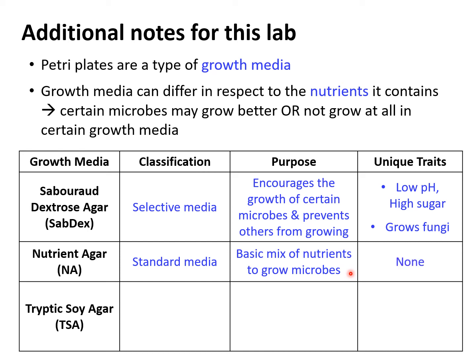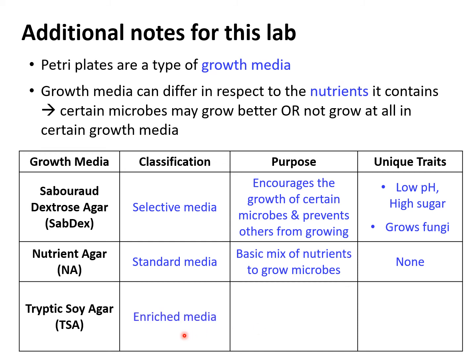So again, it's not selective or anything; a bunch of different microbes are going to grow on nutrient agar, and that's why it's highly common for us to use it. Let's say you're sampling a surface, and you have no idea what type of bacteria or microbes you have on that surface. It's best to use nutrient agar, since it allows a bunch of different types of microbes to grow on it.